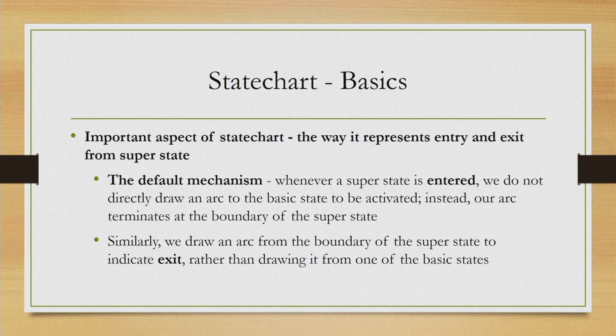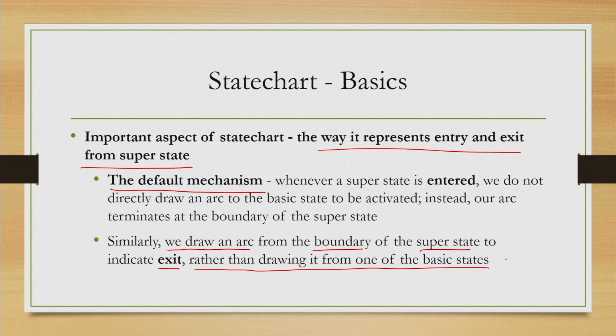One important aspect of a state chart is the way it represents entry and exit from superstate. So, default mechanism we have already talked about. There is another convention used, that is we typically draw an arc from the boundary of the superstate to indicate exit rather than drawing it from one of the basic states.